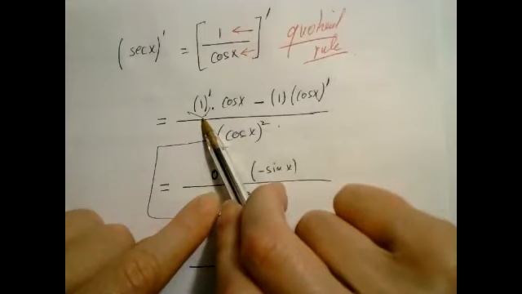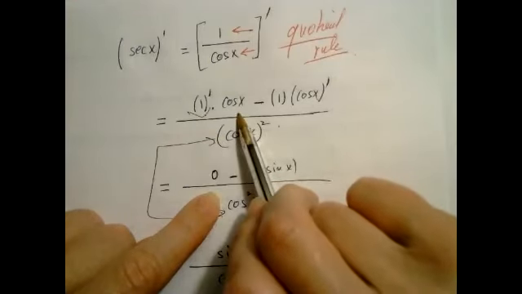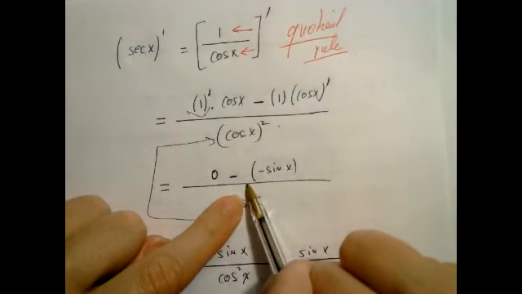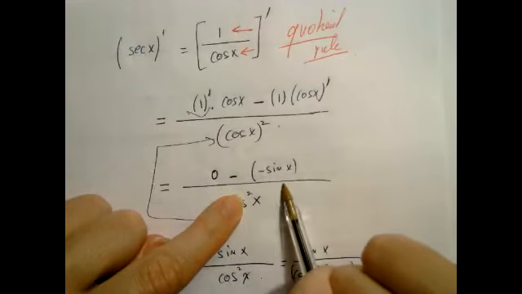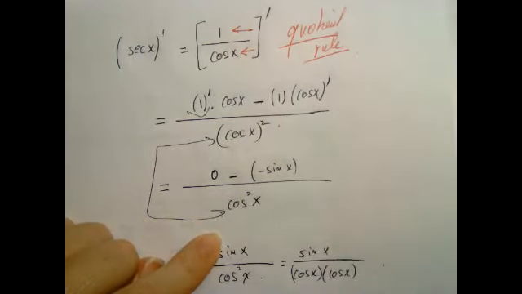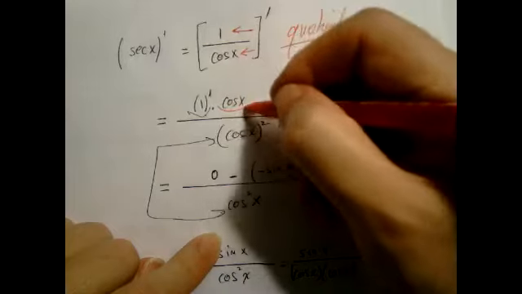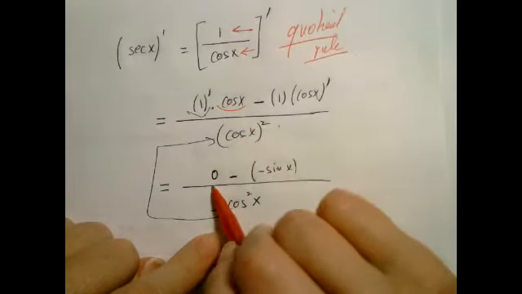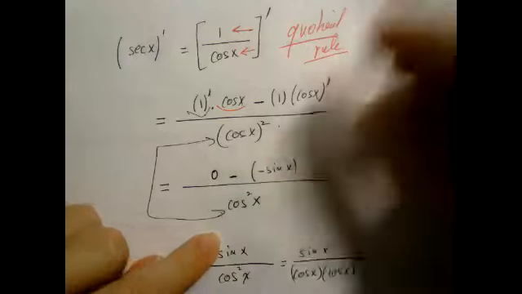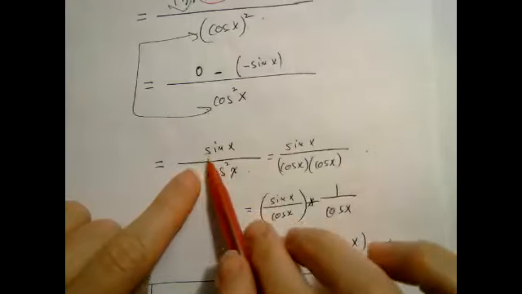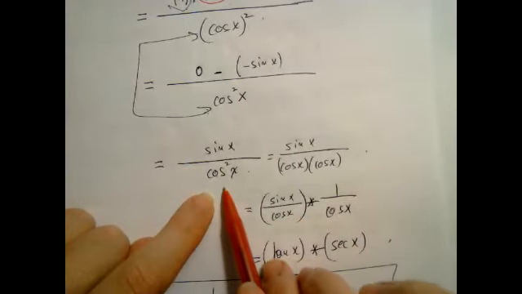The derivative of 1 is a 0. 0 times cosine gives me a 0. Minus the derivative of cosine, which is minus sine, divided by cosine square. So if the question addressed what happened to this cosine in the numerator, it's 0 times the cosine, which gives me a 0. And then after that, minus minus is a plus, so that's sine x over cosine square.